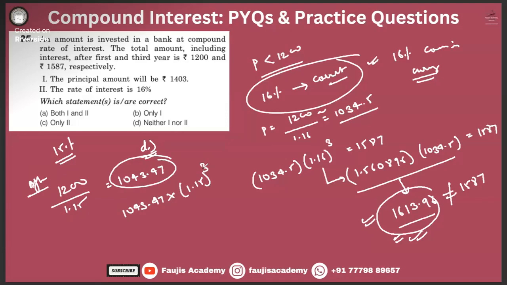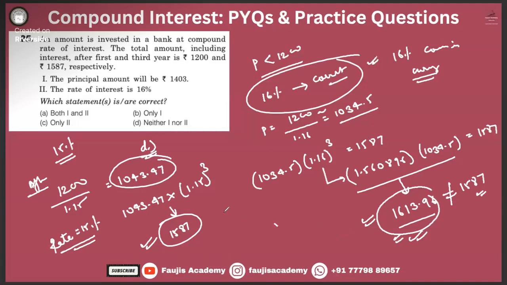I'm using the calculator over here, which will essentially give you 1587. So what is the correct rate over here? It is 15%. Slight approximation, slight assumption, and this is how we should proceed.